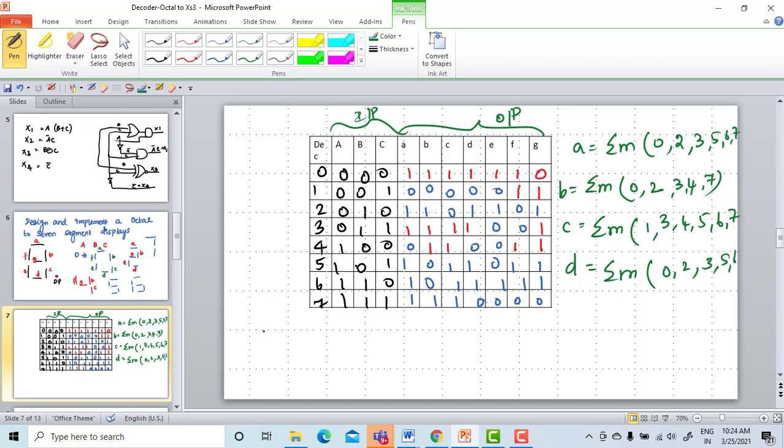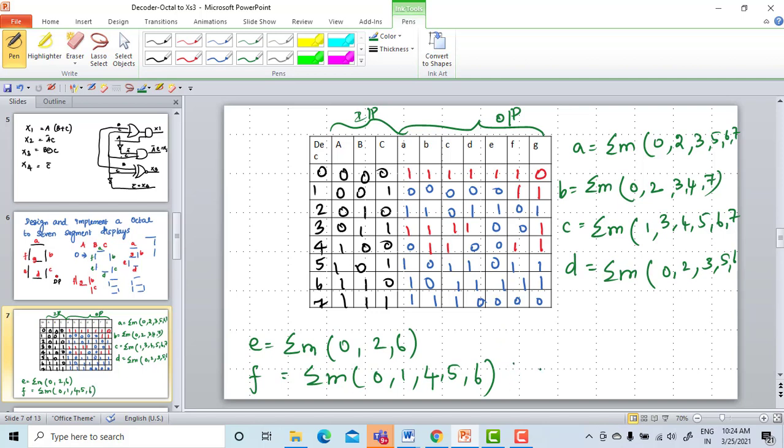Whereas E is nothing but the sum of min terms 0, 2, 6, and F is nothing but the sum of min terms 0, 1, 4, 5, 6, whereas G is nothing but the sum of min terms 1, 2, 3, 4, 5 and 6.